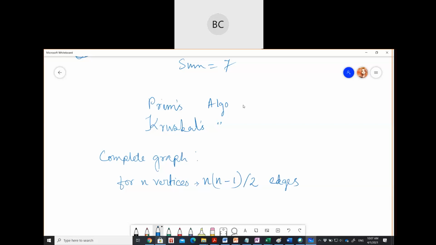But normally, if we say complete graph, by default we consider it as undirected. If I say digraph or complete digraph, then it will be a directed graph. But if I say complete graph, then by default it will be an undirected graph.